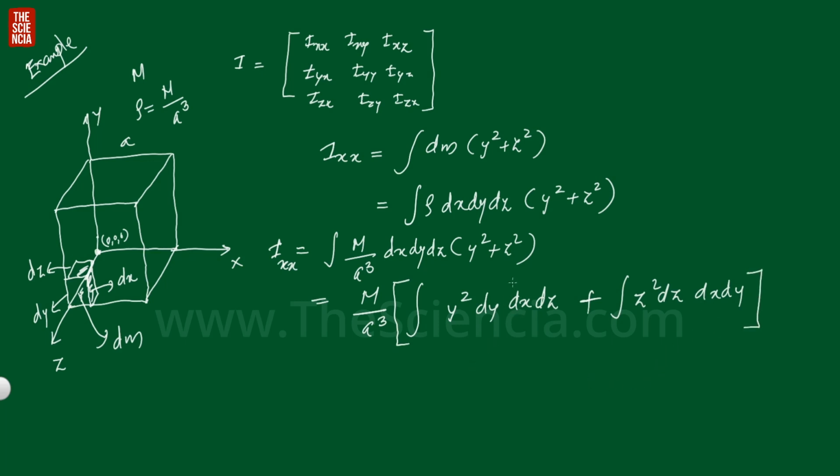So here we have to integrate dx dz, and here dx and dy. What will be the limits? dy varies from 0 to a, dx varies from 0 to a, dz varies from 0 to a. All limits are 0 to a.